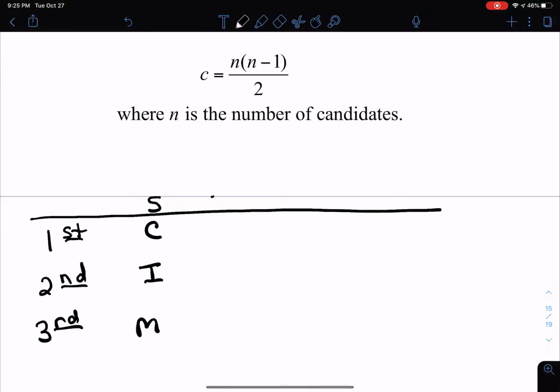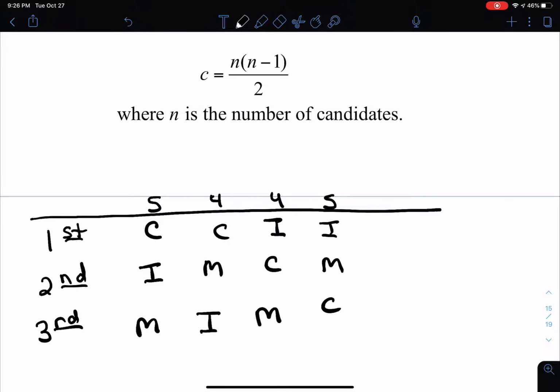There were 4 people that ranked their choices Chinese, Mexican, and Italian. 4 people that said Italian, Chinese, Mexican. 5 people that said Italian, Mexican, Chinese. This is making me hungry. 3 people that said Mexican, Chinese, Italian.